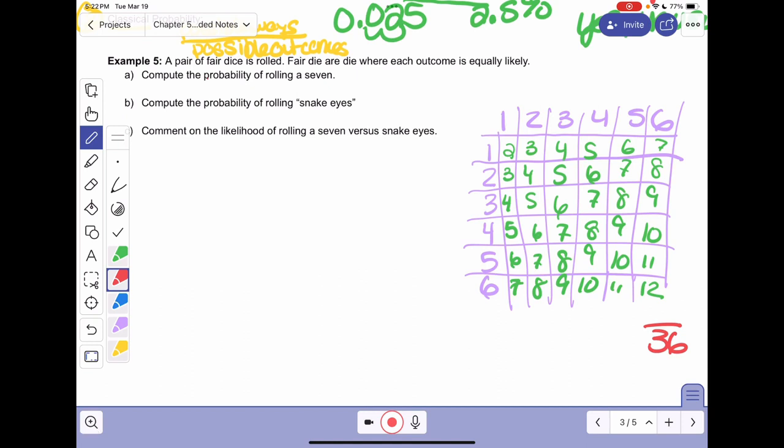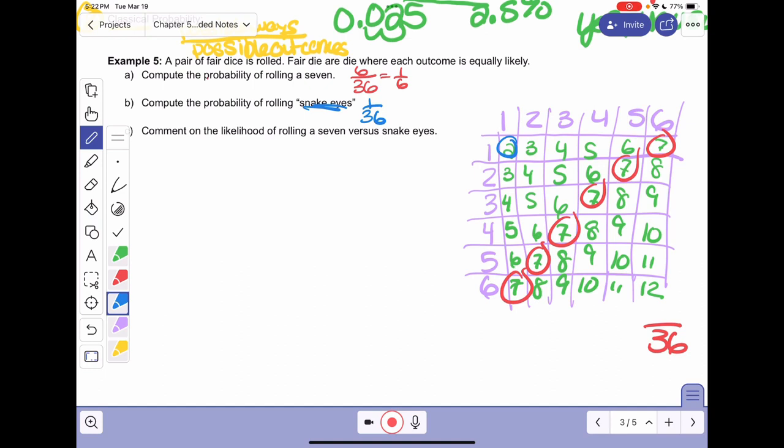What is the probability of rolling a 7? So if we look at our 7s, we have 6. So 6 out of 36 are our 7s, which reduces to 1 out of 6. Snake eyes is 2 1s or a 2. So the probability of that is 1 out of 36. And then comment on the likelihood.